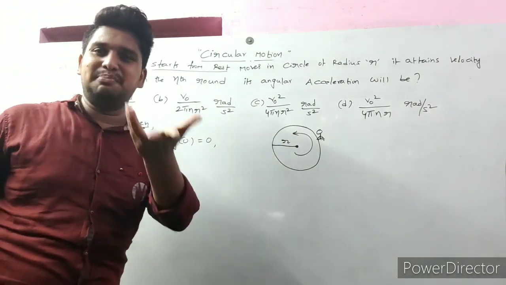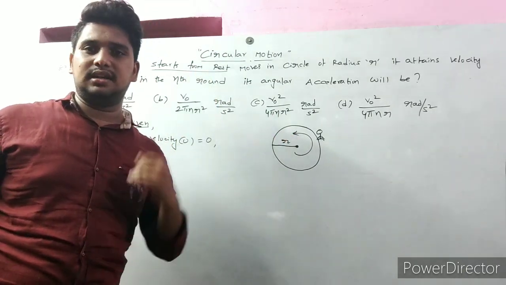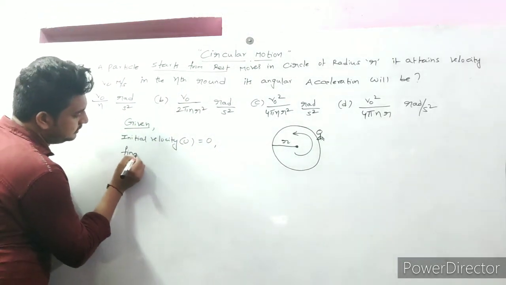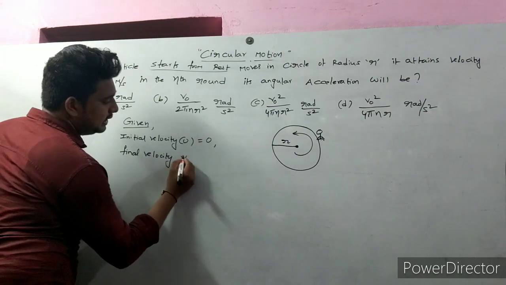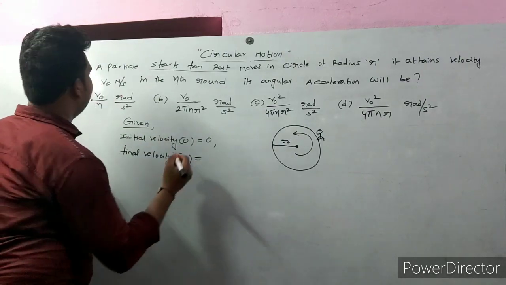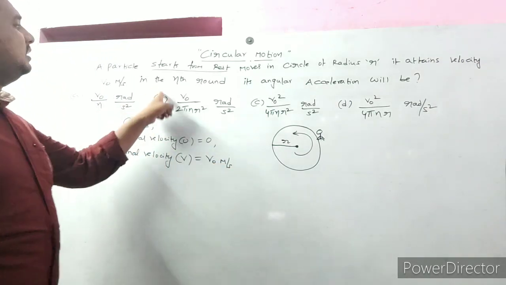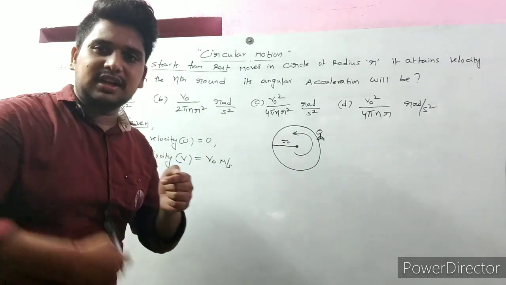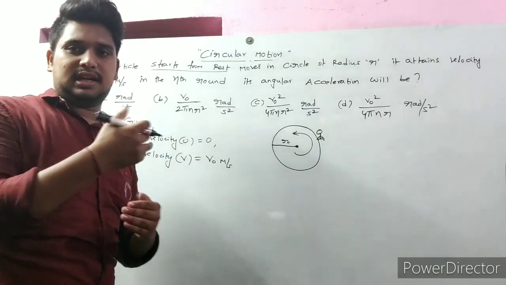Attains velocity means the final velocity, so the final velocity v is equal to v0 meter per second, in the nth round. That means the particle covers n rounds.